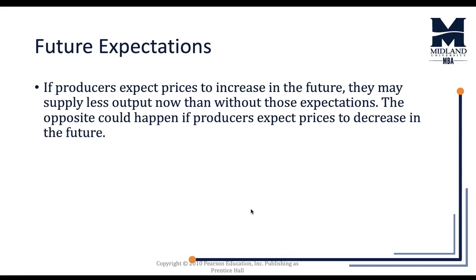What behavior could you expect if there is an event going to happen, say a fall fashion line is going to happen? What could happen to your supply of your existing clothing products because you know there is a fall fashion line coming up?